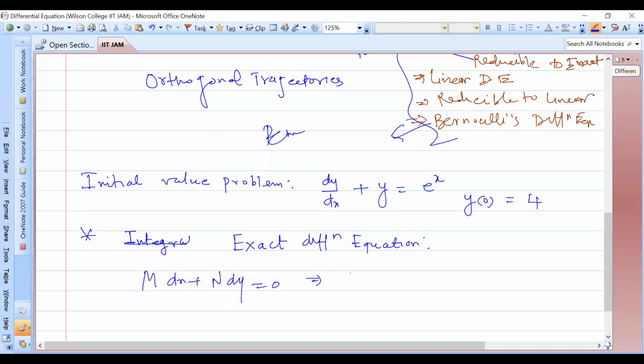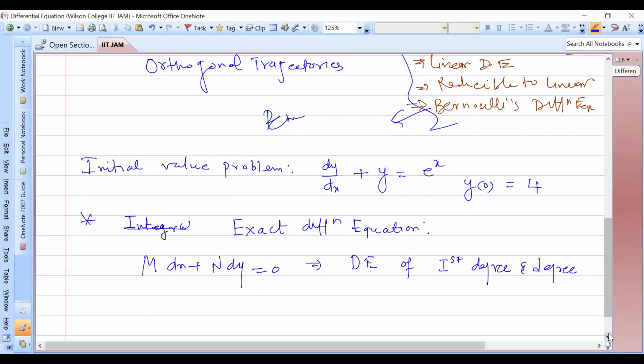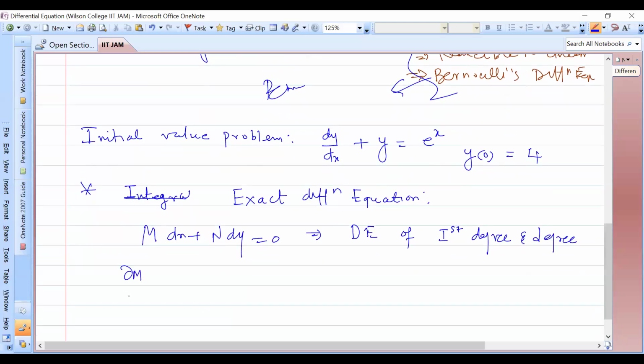So this is your differential equation of first order and first degree. We have a condition that del M by del y should be equal to del N by del x. This is your exact differential equation.